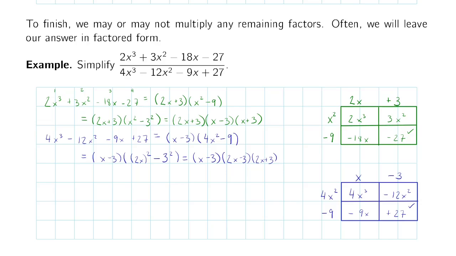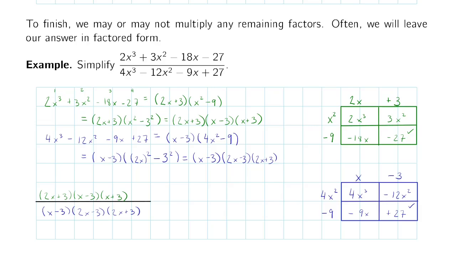I can put them back together. In my numerator, I have (2x + 3)(x - 3)(x + 3). And then in my denominator, I have (x - 3)(2x - 3)(2x + 3).